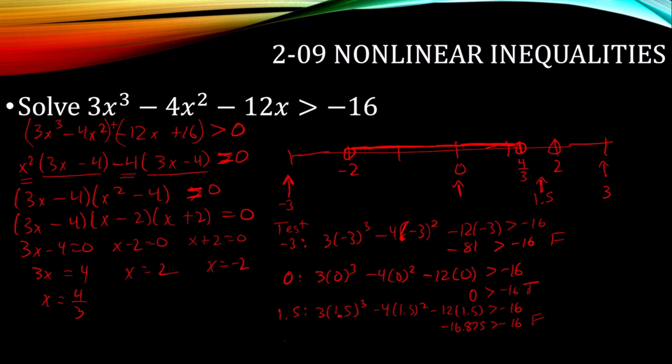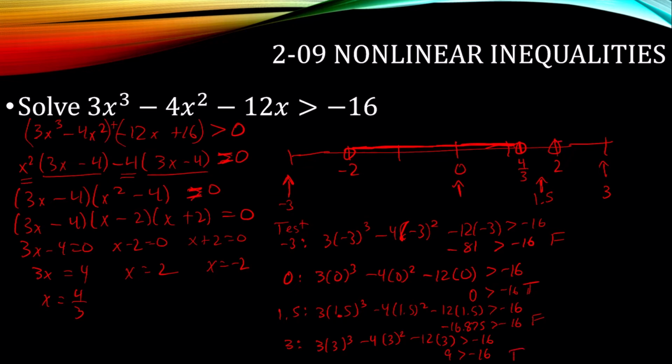All right, something bigger than 2, we said we're going to try a 3. Plug the 3 into the original inequality. And let's see what we get. I get 9 is greater than negative 16.